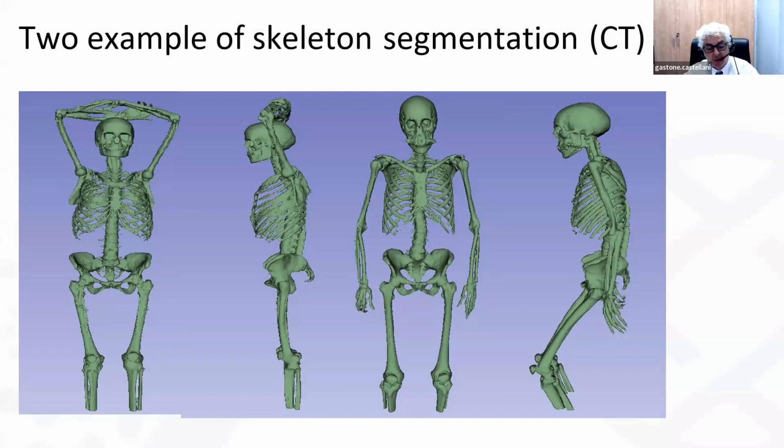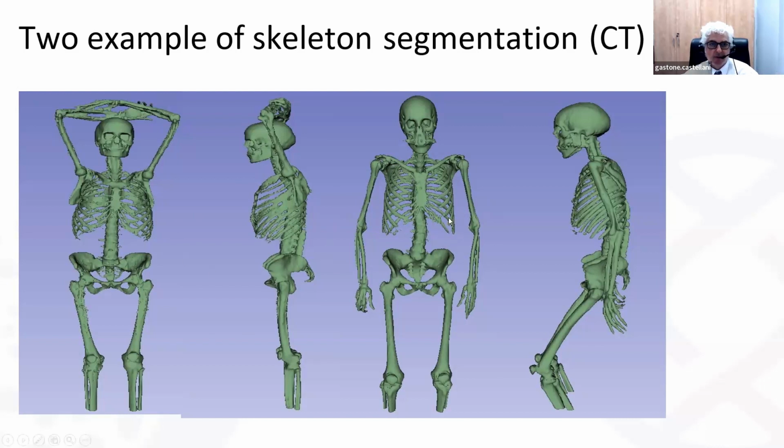But in order to localize these regions, we have to merge and align PET images with CT images, because PET is just a functional procedure and is not giving you information about the anatomy of the patient. So we have to overlap PET and CT.